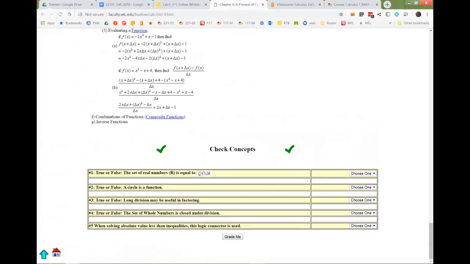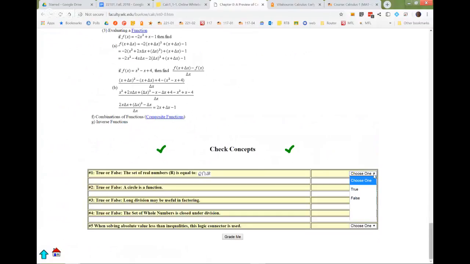By the way, at the bottom of that alternate website, you'll see a quiz like this. It says check concepts. It's graded, but this doesn't get recorded. So you'll see, number 1, true or false: the set of real numbers are the rational numbers intersected with the irrational numbers.